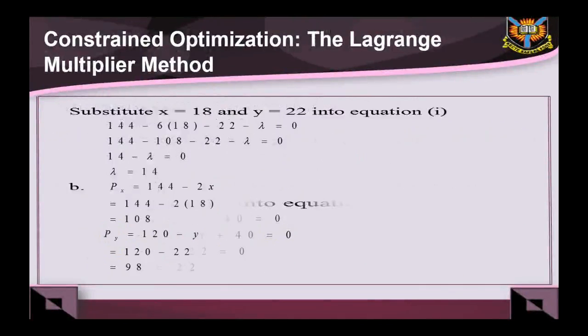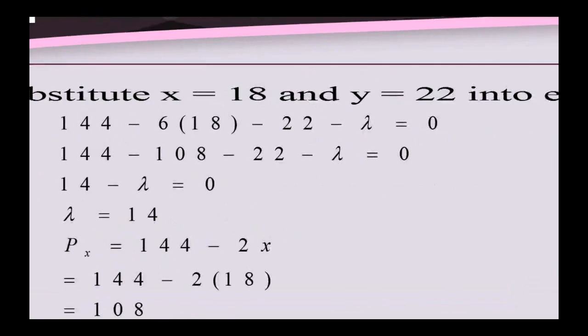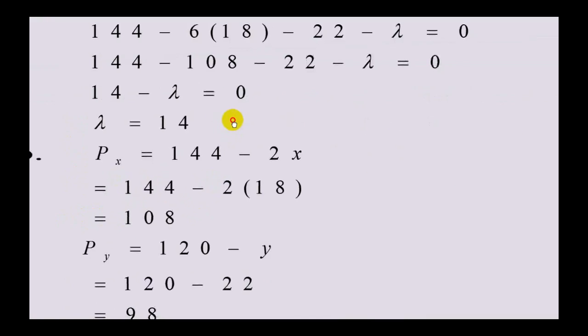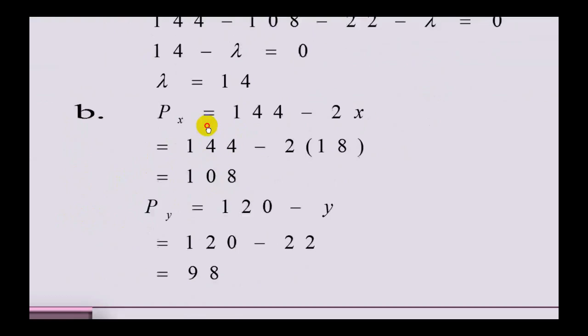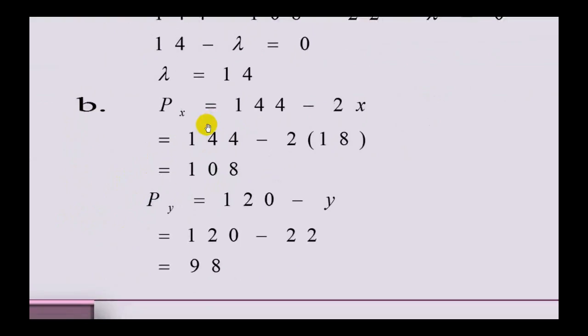Substitute x equals 18 and y equals 22 into equation 1. 144 minus 6 of 18 minus 22 minus lambda equals 0. 144 minus 108 minus 22 minus lambda equals 0. 14 minus lambda equals 0. Lambda equals 14.